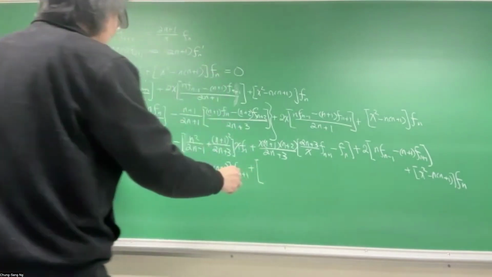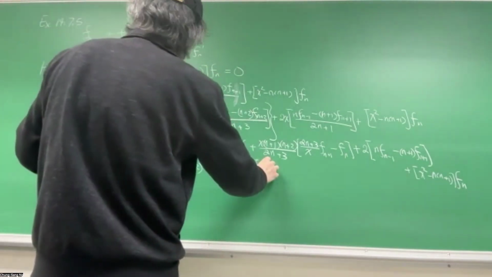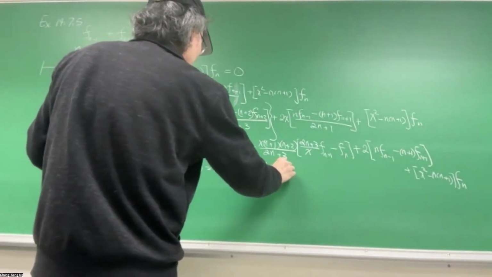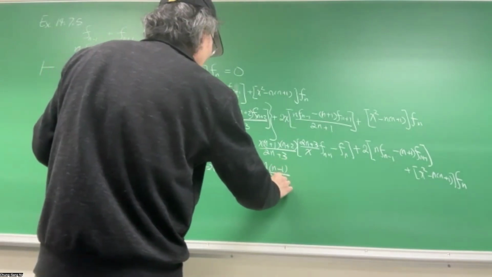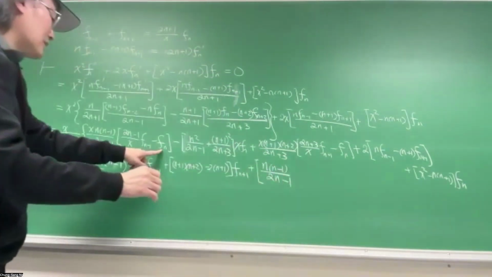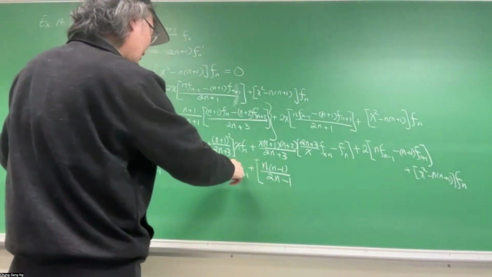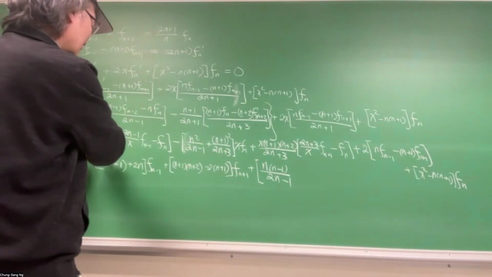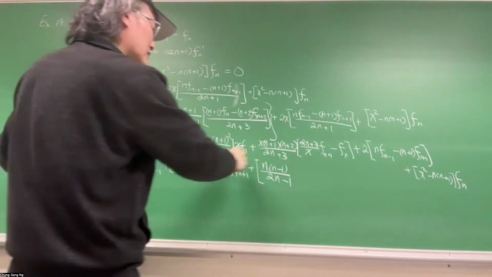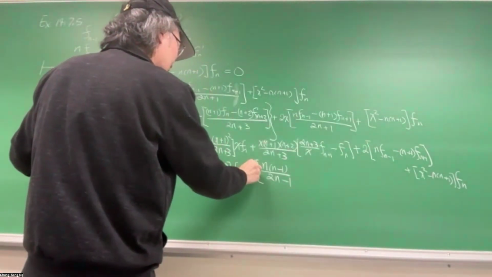So you have n minus 1, n minus 1. But this one, except it's negative. So is it all negative? This one negative. This one is negative. This one has everything negative, right?